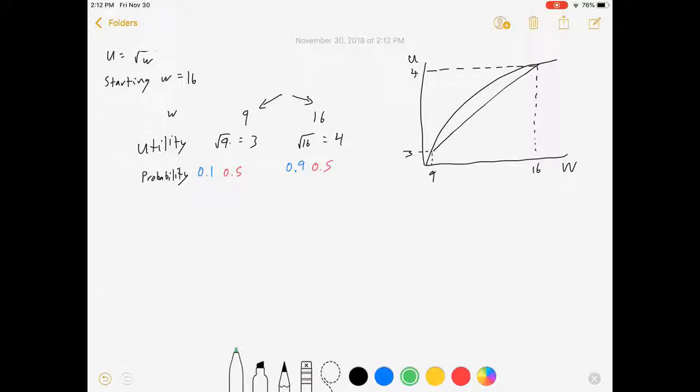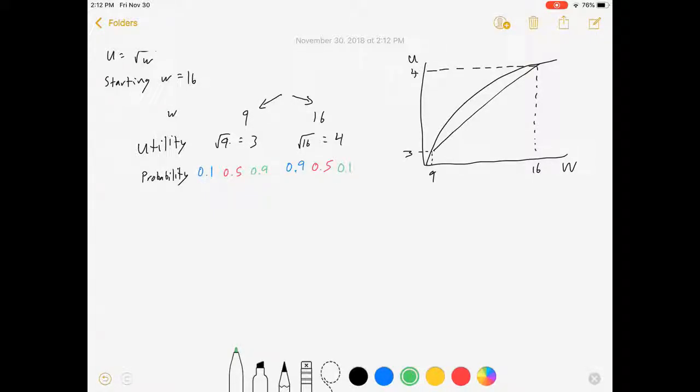Or maybe we can look at it if we flip the ratio altogether and we have it so that it's very likely, 90% likely, that he will lose and get $9, and only 10% likely that he'll keep his same wage.